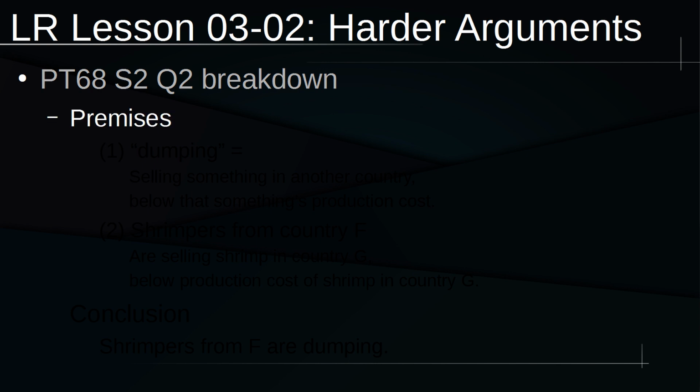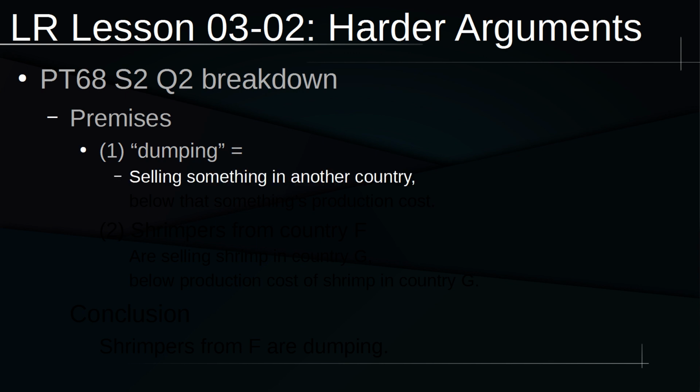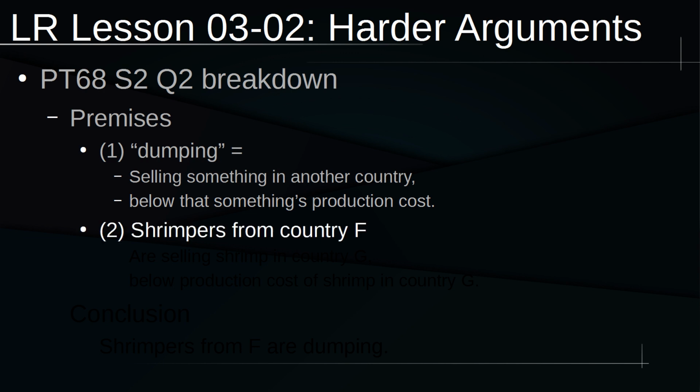We'll start with the premises. The first bit of information that we get is a definition of the term dumping. There are two parts of this definition. The first one being dumping involves selling something in another country below that something's production cost. Our next premise seems to be a particular example, application, or demonstration of something else that's going on in quote-unquote the real world here.